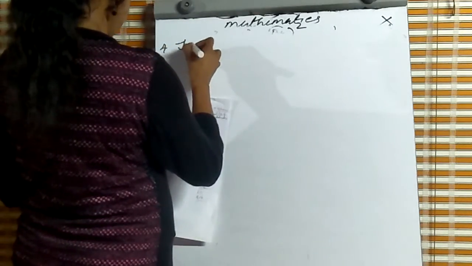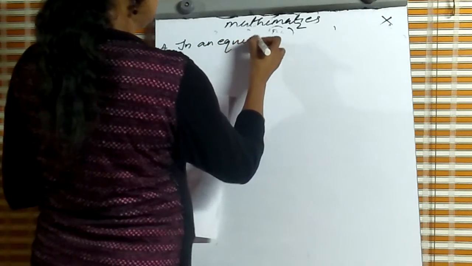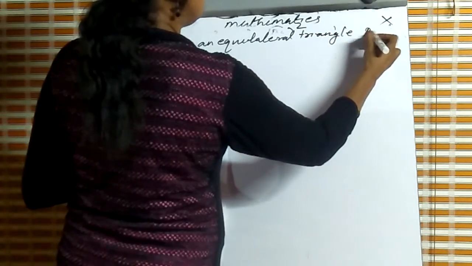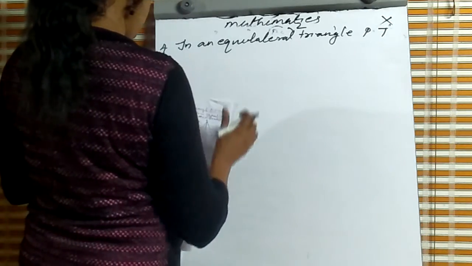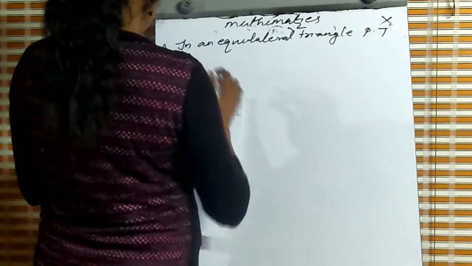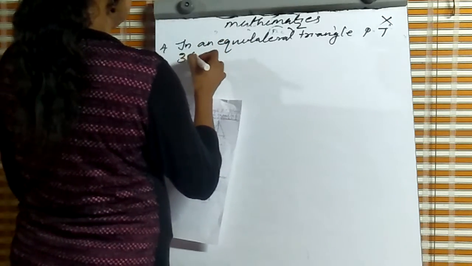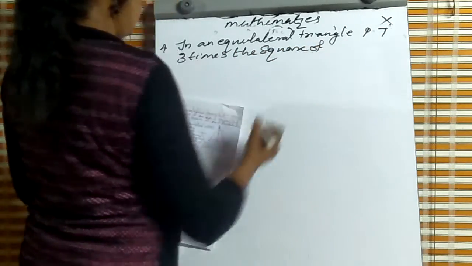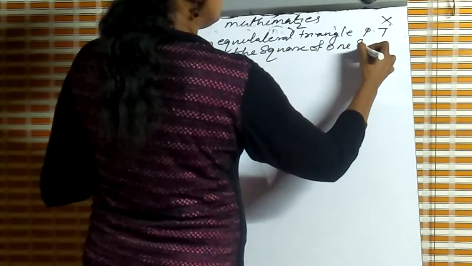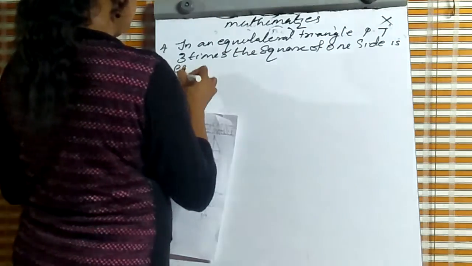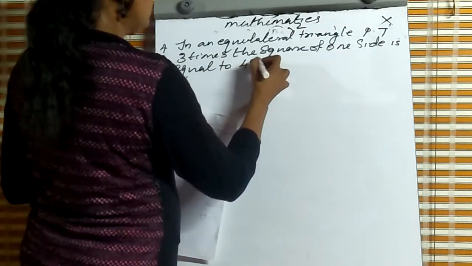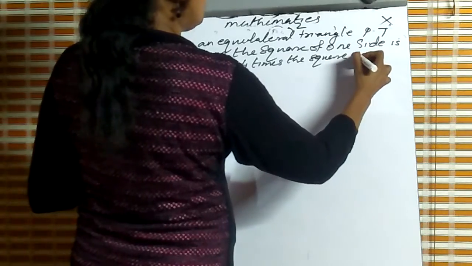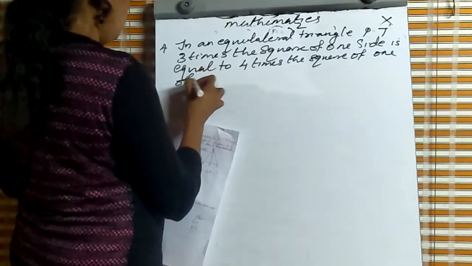Question number 4. In an equilateral triangle, prove that three times the square of one side is equal to four times the square of one of its altitudes.